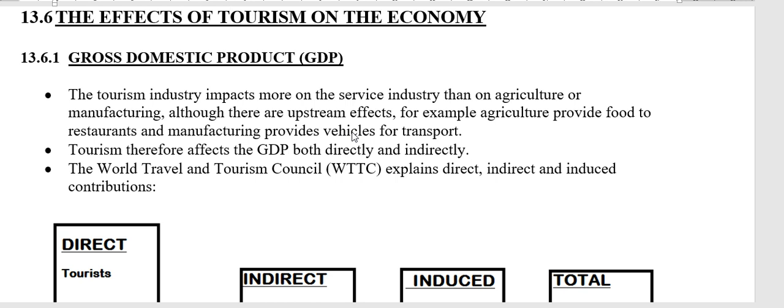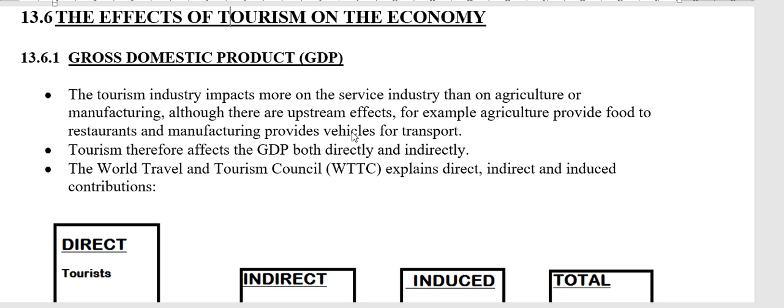Yes, it is a service industry, but also remember we said part of tourism would be the farmers that create the food that is going to be sold at the restaurants to the tourists. It includes, for example, the transport, etc. It's very wide, but most of the components of tourism will fall under the service industry.